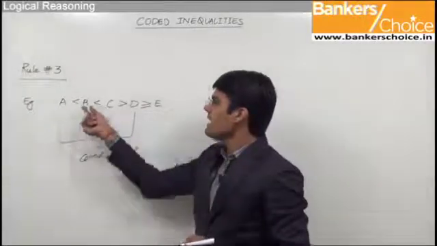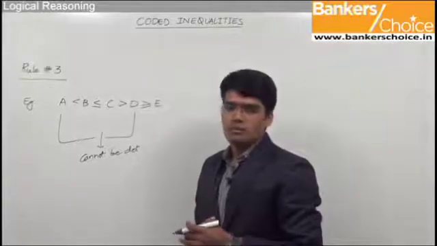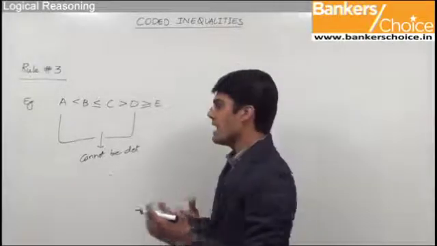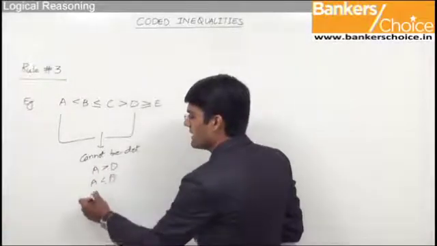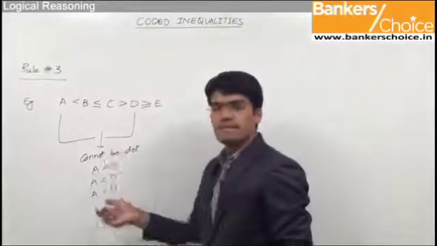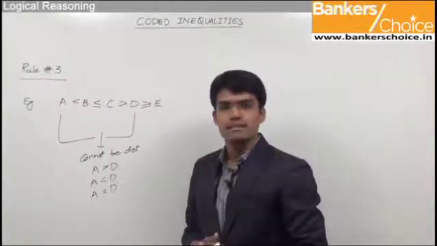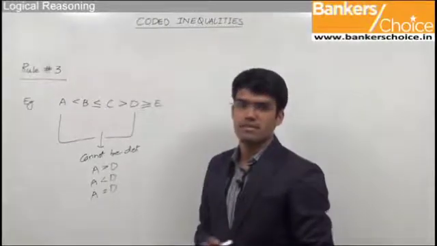Therefore, A and D have got no definite relationship between them. A can be greater than D, or it can be less than D, or it can be equal to D. All the three cases are possible. So simply we can say that the relationship between A and D cannot be established.